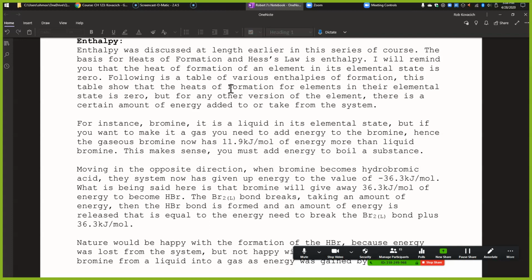That the bonds are being ripped apart. Yeah, what do we call those things? Most important thing that people don't know anything about. Intermolecular forces. So that 11.9 kilojoules per mole is simply being used to bust apart the intermolecular forces. Does anybody remember what intermolecular forces bromine would be exposed to?